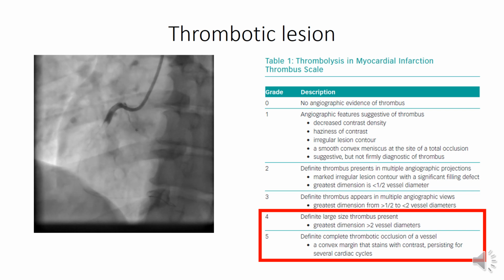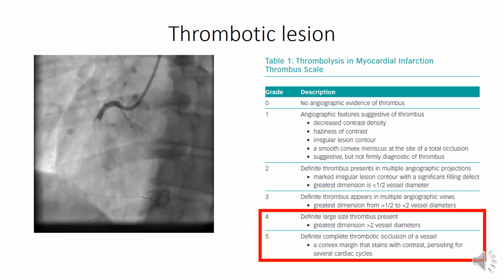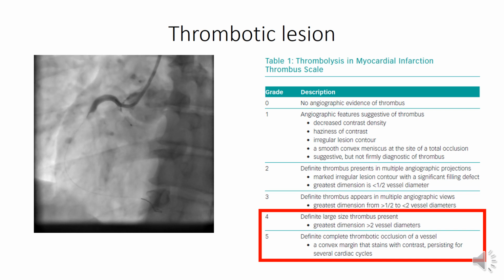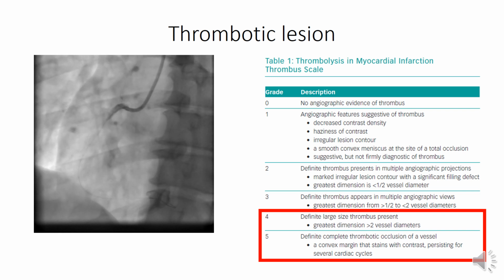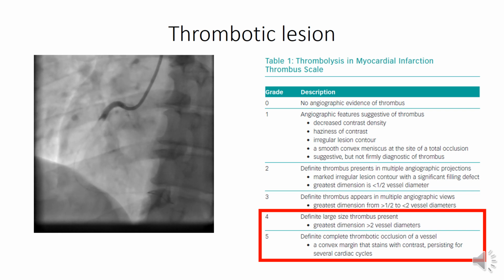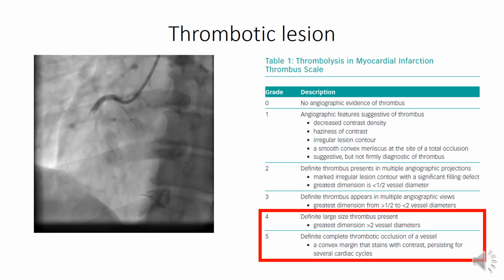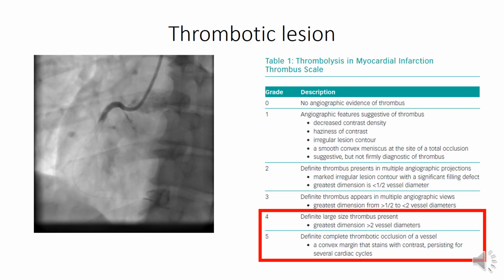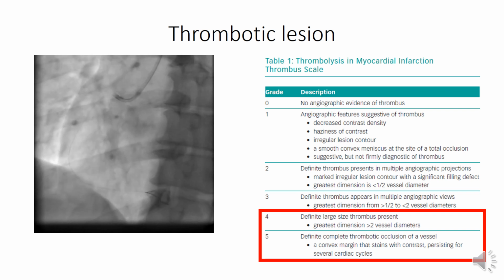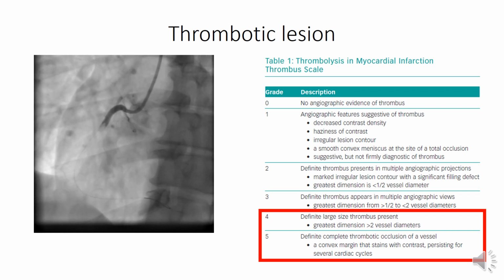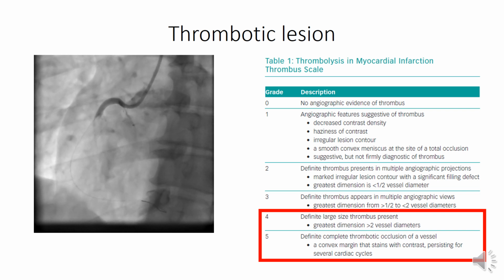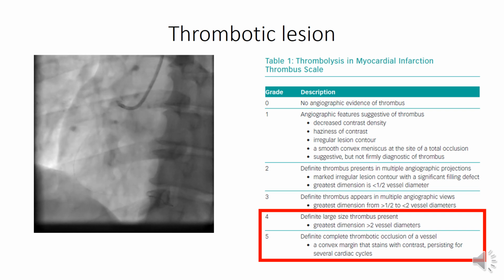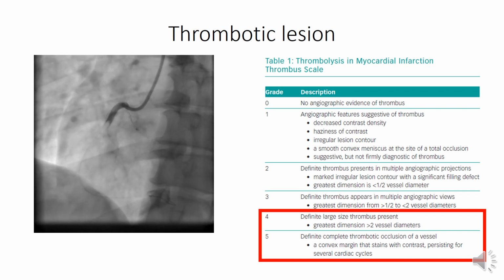Heavy thrombus burden is also assessed by the TIMI thrombus scale. TIMI stands for thrombolysis in myocardial infarction, because it was described in a series of fibrinolytic trials. We have 5 grades of thrombus burden. The most important to memorize are grades 4 and 5, which mean a heavy thrombus burden.